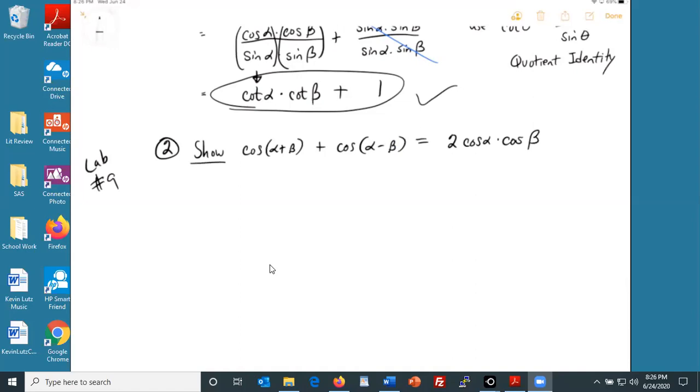Remember that we start with the left side only. We're going to simplify the left side, and hopefully after simplifying it, we'll get the right side. Now, how many substitutions am I going to make? Well, hopefully you recognize that I'm going to have to substitute in 2 different formulas. I'll have to use formula 1 and formula 2.